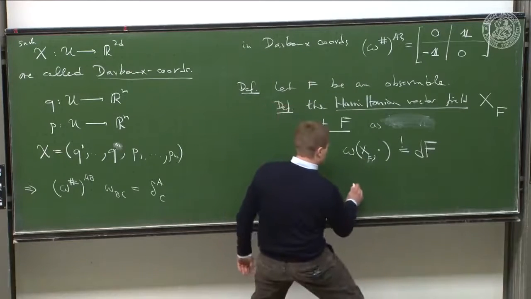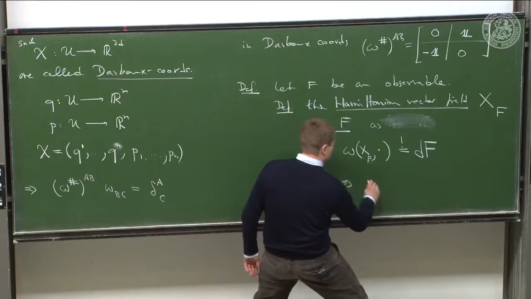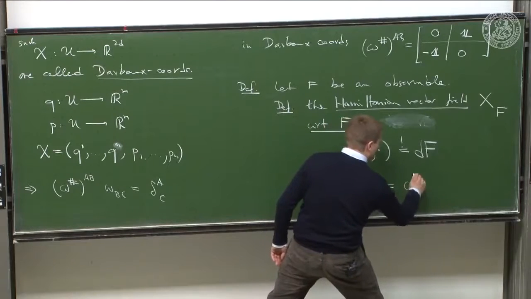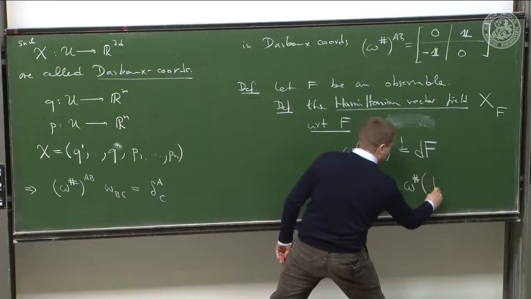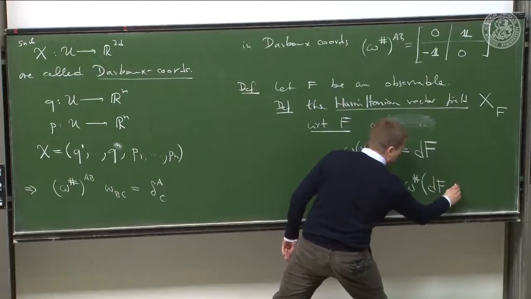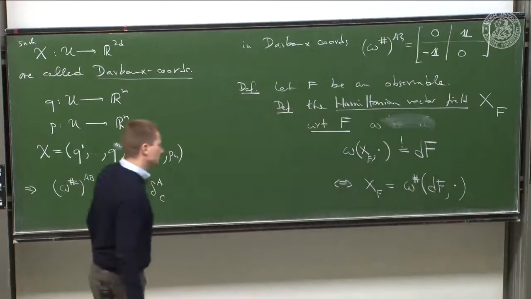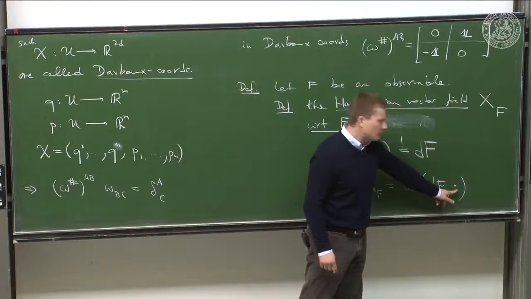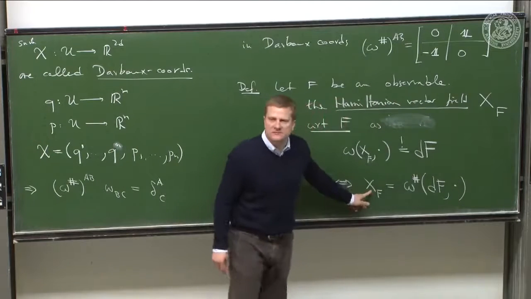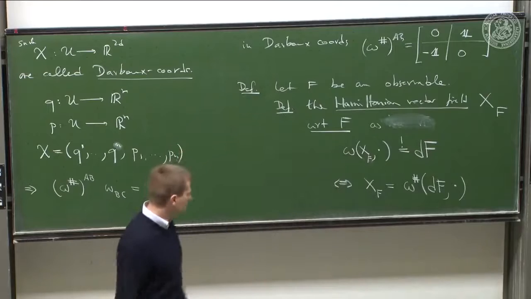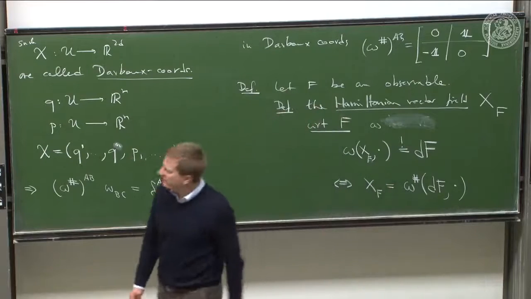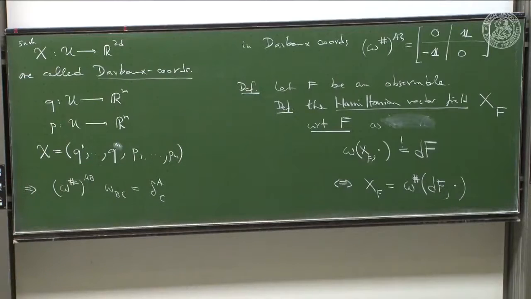Well, we can of course write it equivalently. This is X_F equals omega sharp, which can eat 1 forms. And so this is in the dual of the dual, this is in the vector space again. Okay? And so this X_F is the Hamiltonian vector field associated with the observable.